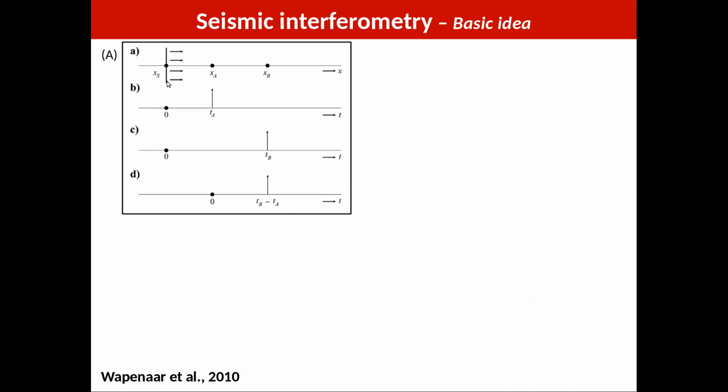Say we have two seismic stations at A and B, and a noise source at X. Then at time 0, if we generate a wave, the wave will be recorded at station A at TA, and then at a later time at station B. And the point is, if we remove this source and take the 0 time as coming from station A, then we can find the travel time between the two stations by just the difference between the travel times recorded at these two stations.